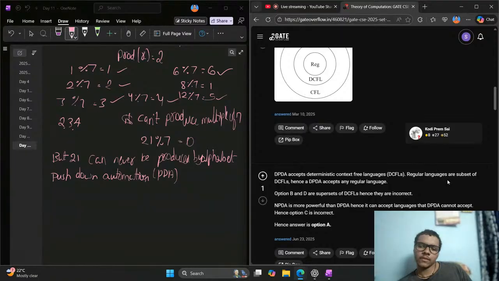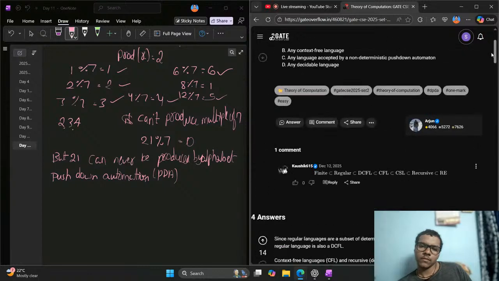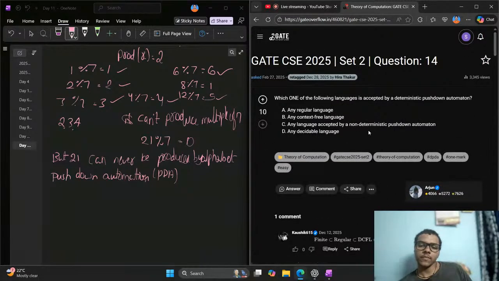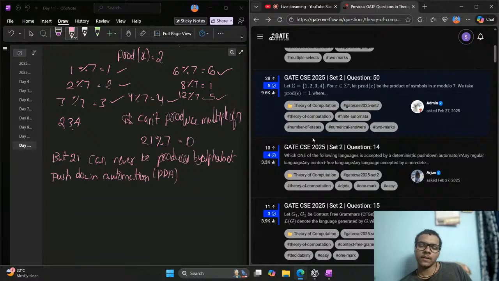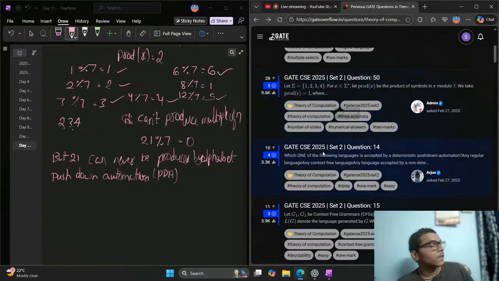Regular languages are a subset of them, and PDA is more powerful than that. Okay. Yeah, I kind of read that. I read only a part of it, but still I understood.